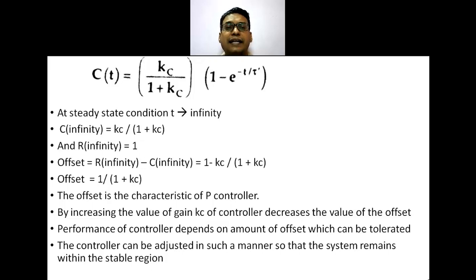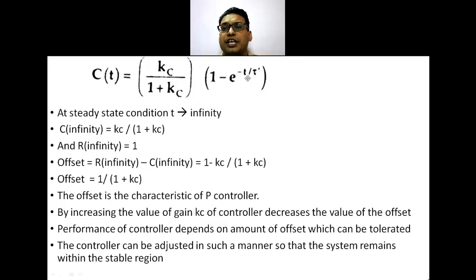Then at infinite time, or at steady state condition, that means there is no change of a certain entity with respect to time. So at steady state, t tending to infinity, C infinity becomes equal to Kc/(1 plus Kc).